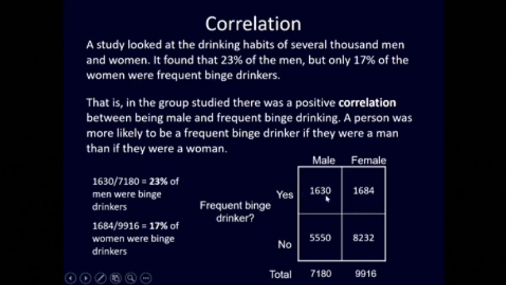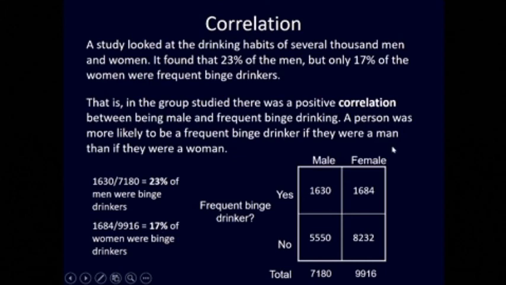So 1,630 of the men said yes, 1,684 of the women said yes. No, just over 5,000 of the men said no, 8,000 women said no. So that means this percentage is much higher than this. So in this group, you're more likely to be a binge drinker if you're a man than if you're a woman.